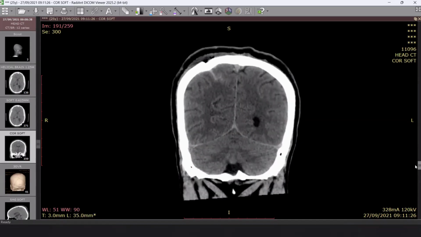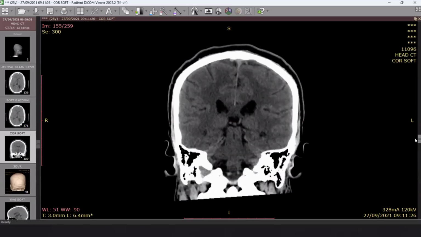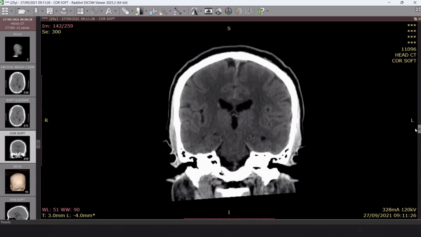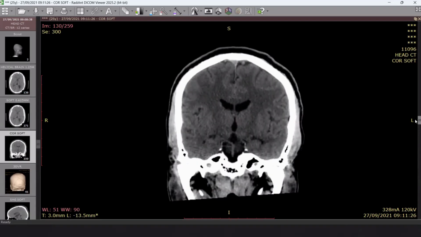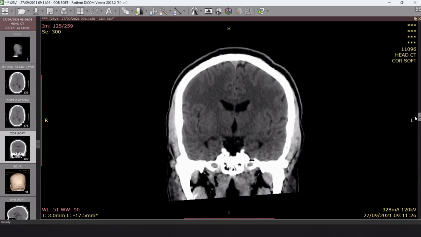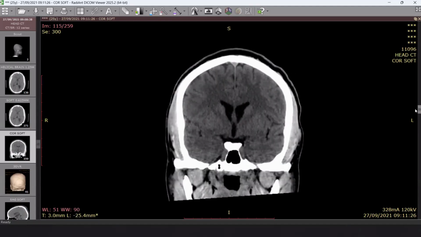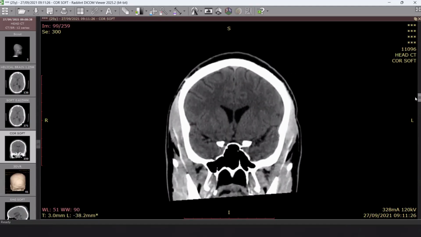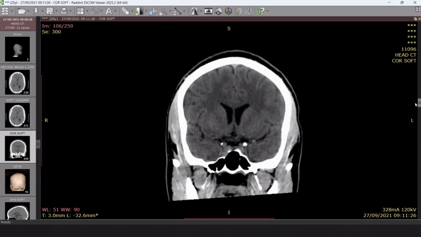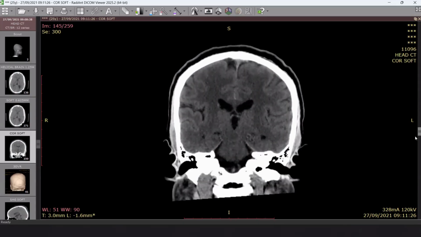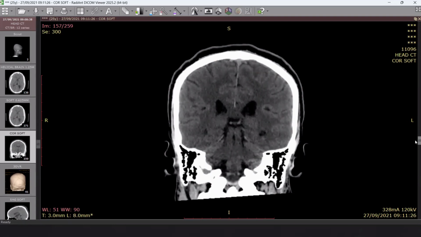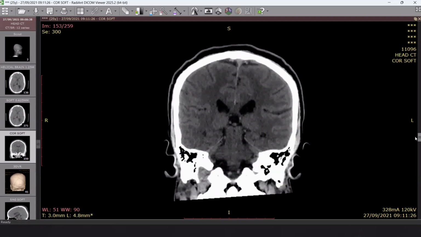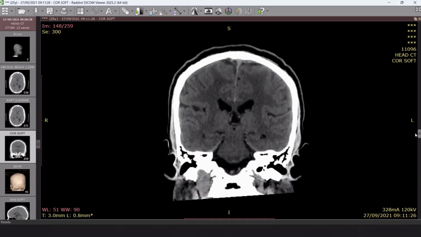Very nice, we don't have any subfalcine herniation. Do you agree? Okay. I will have a look again, also checking for any transtentorial herniation. We don't have any brain herniation.